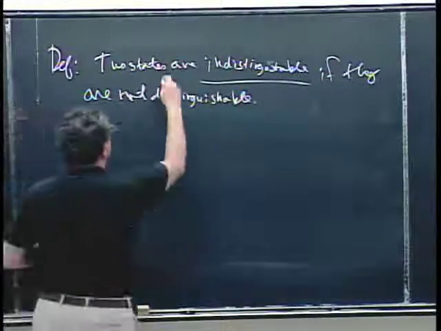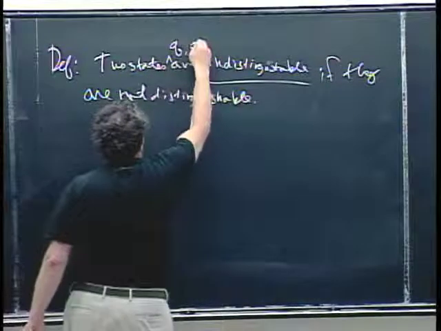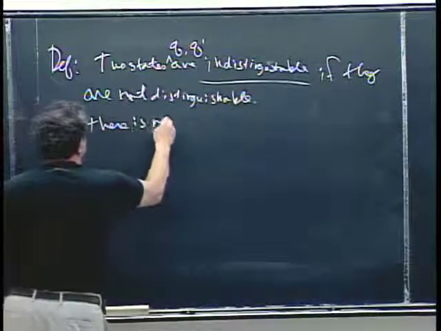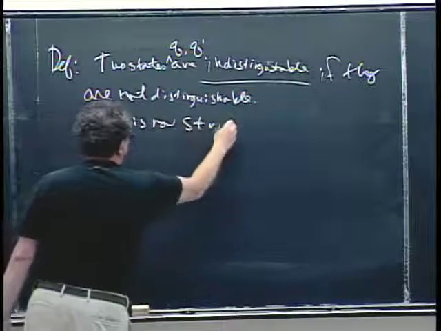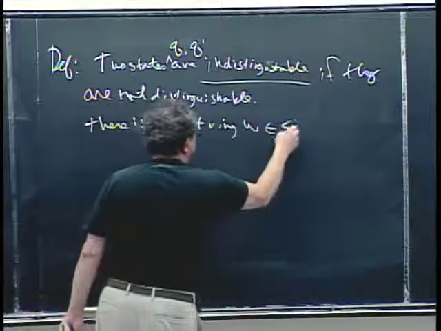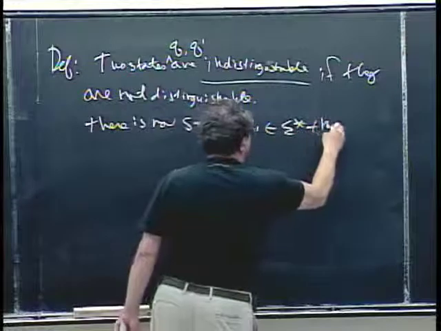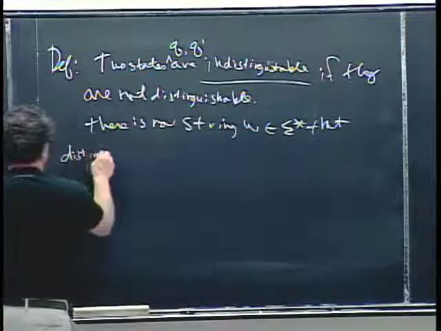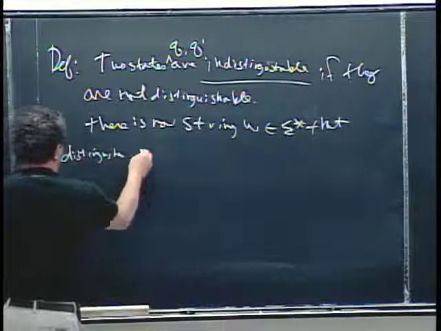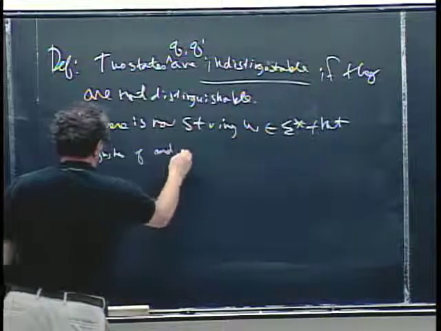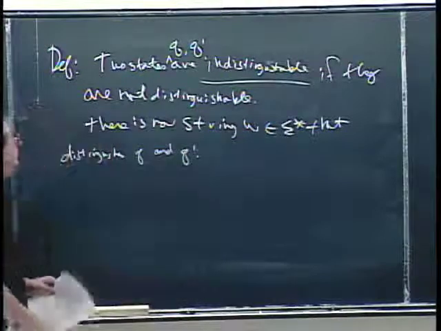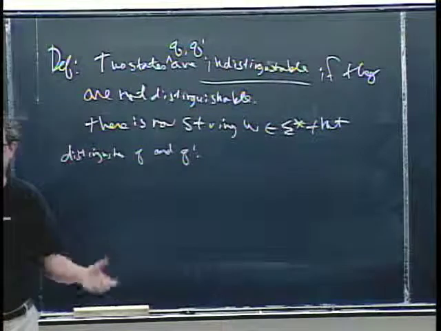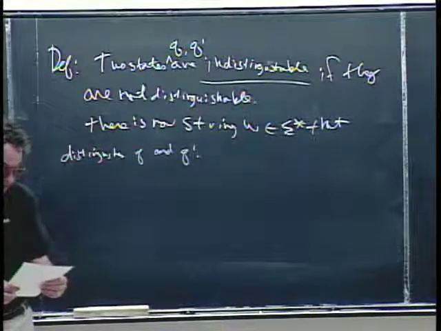If I call these states Q and Q prime, there is no string W that distinguishes Q and Q prime. Okay, so those are the two initial key definitions, what it means for two states to be distinguishable, what it means for two states to be indistinguishable.